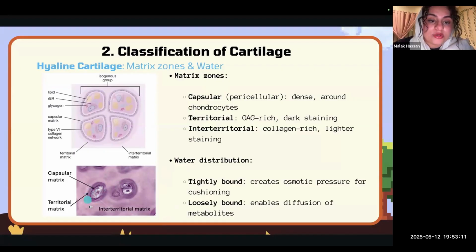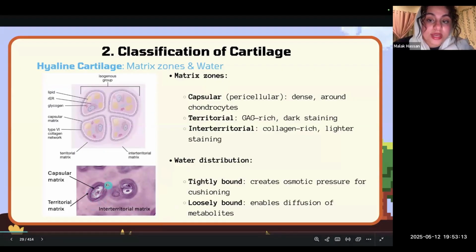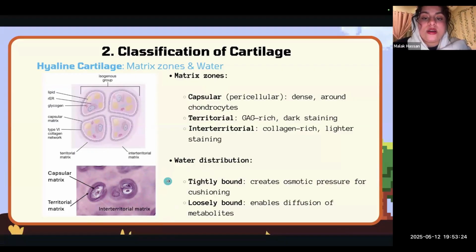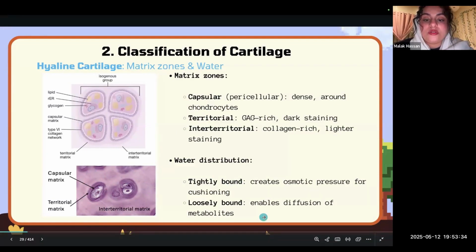And after that, you have the territorial matrix. Like we said, it's full of GAGs, and that's why it's dark staining. And then you have interterritorial matrix, which is all around, and this is more collagen rich, and that's why it's lighter staining. Now, for the water distribution, if it's tightly bound, it will create osmotic pressure for cushioning. And if it's loosely bound, it'll enable diffusion of metabolites, okay?